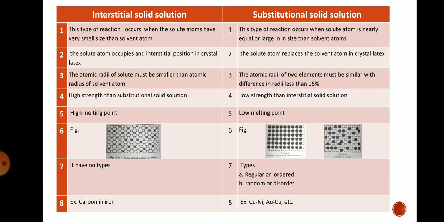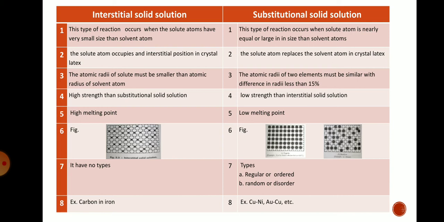The atomic radii in case of an interstitial solid solution must be smaller because they have to fill the gap between the atoms of solvent element. That's why those solute atoms generally have a smaller radius, whereas in case of substitutional both radii are generally the same or have a difference in their radii of less than 15%.